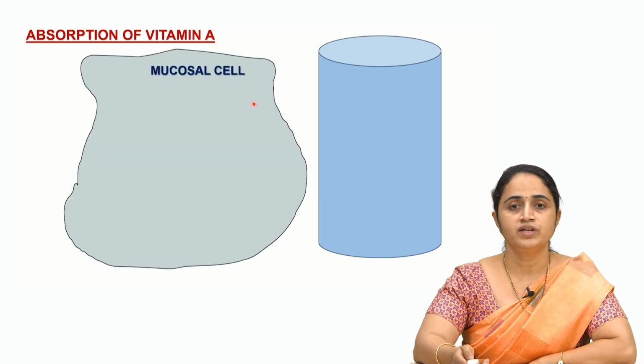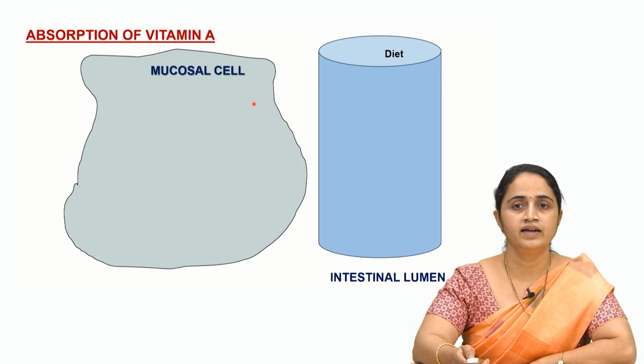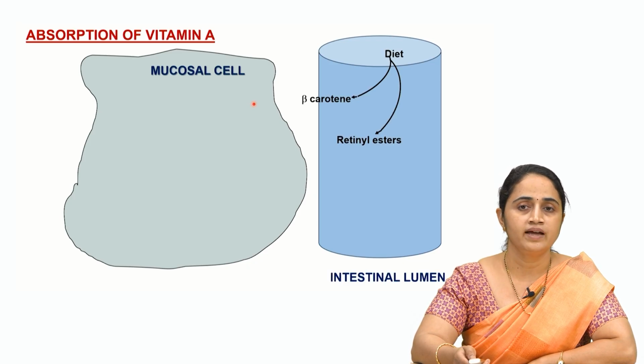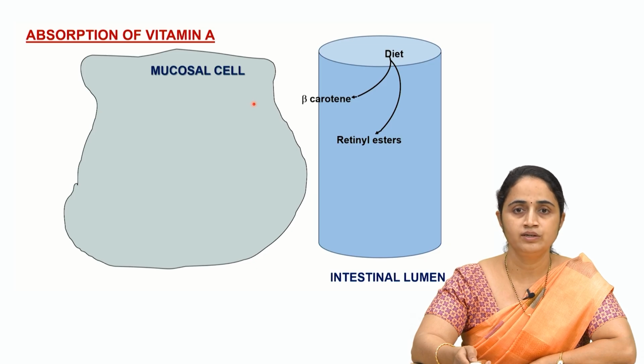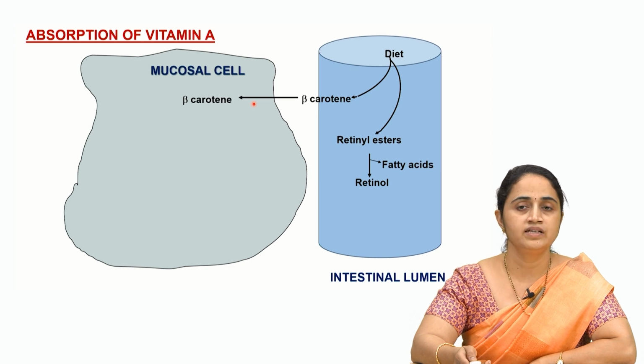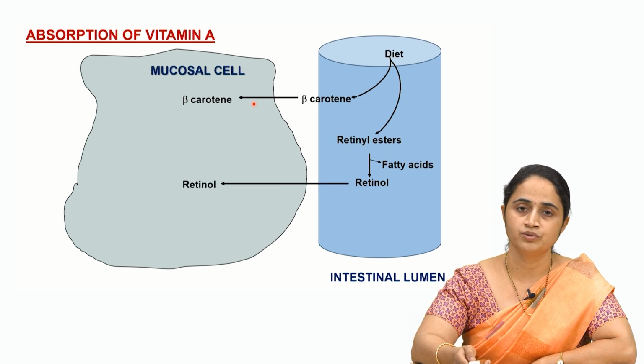In the intestine, the diet containing beta carotenes, the plant sources, or the animal sources which contain the retinyl esters, are absorbed into the mucosal cells. So, beta carotene can be absorbed directly into the mucosal cell, whereas retinyl esters are converted into retinols by the release of fatty acids, and this retinol is absorbed into the mucosal cell.